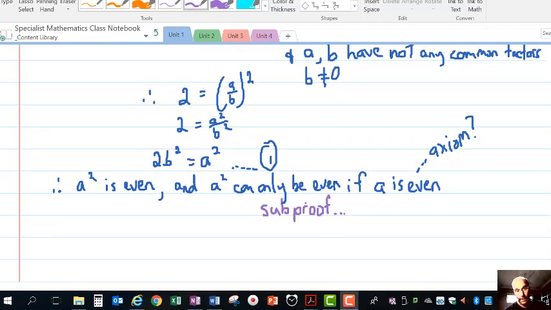For a, we're going to prove by contradiction in a subproof. Let's suppose a was odd.